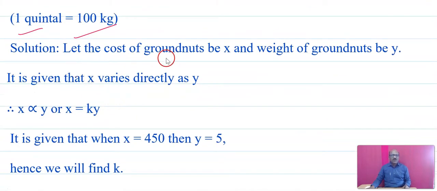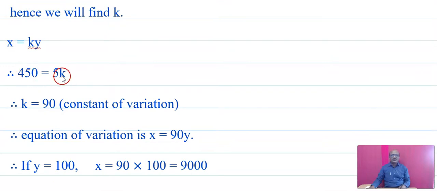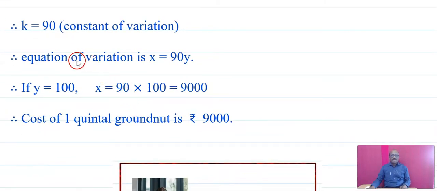Let the cost of groundnuts be X and the weight of groundnuts be Y. It is given that X varies directly as Y. Therefore, X is directly proportional to Y, X is equal to KY. It is given that when X is equal to 450, Y is equal to 5. Hence, we will find K. X is equal to KY, therefore 450 is equal to 5K, and that's why K is equal to 90. It is called the constant of variation. The equation of variation is X is equal to 90Y.